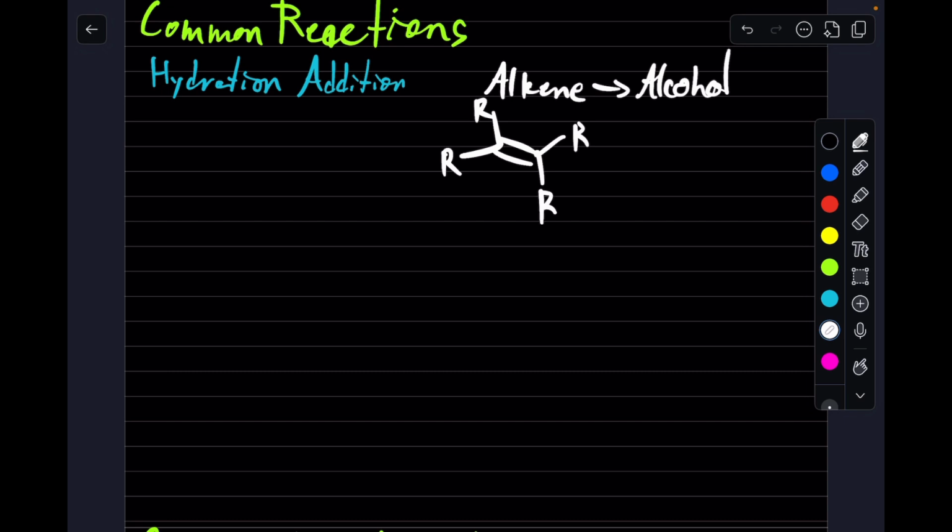And R just stands for like anything, pretty much. And when you add water, what happens is that you get an alcohol, and the double bond goes away.